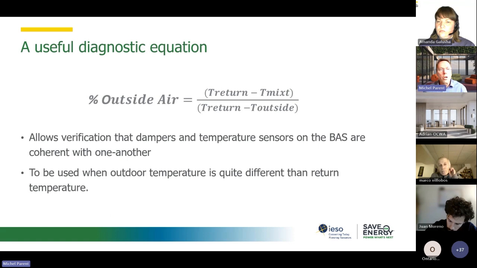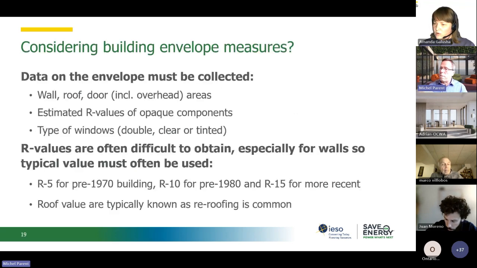If you've got measures that will impact heating of outside air, cooling of outside air, you should definitely try to apply this. If you want to go a step further, you'd have to get it measured. Very often a balancing company would come in and measure that unless you've got your own equipment. But you can do it with the temperature, and it's typically pretty good if you do it when it's cold enough.